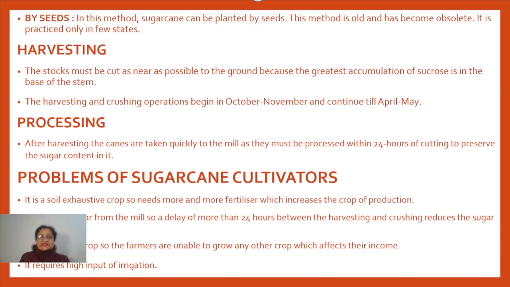Especially after harvesting, one more very important thing you should remember: as the harvesting has been done, immediately after that it is taken to the sugar mill. The reason being, within 24 hours, if it is not processed, if it is not crushed, then the sucrose level in the sugarcane starts going down.